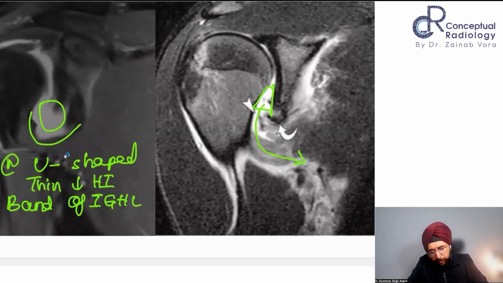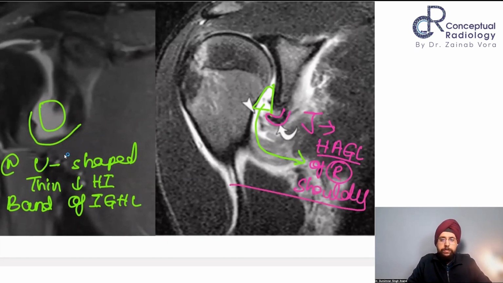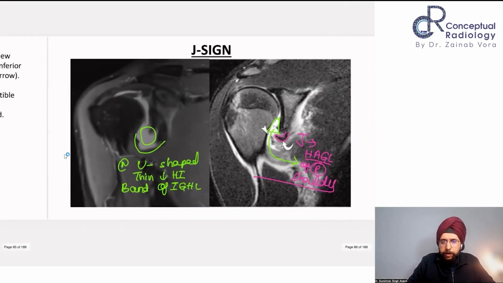If you look carefully, you see a hypointense structure which is forming a J shape. So this is HAGL of the right shoulder. Very simple to detect. If you know where to look in the anatomy, the tears are very simple to detect.